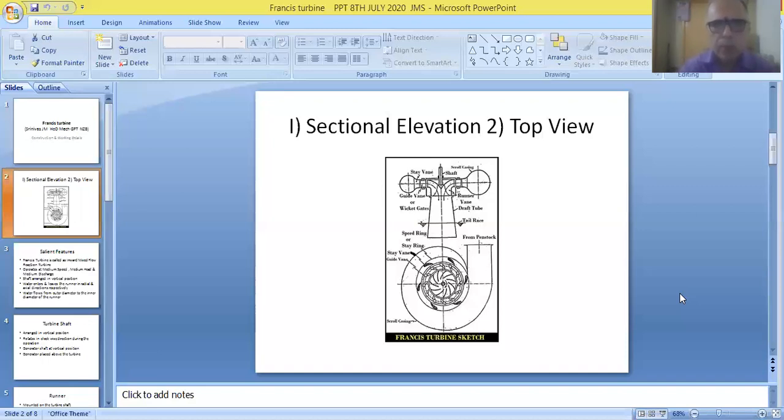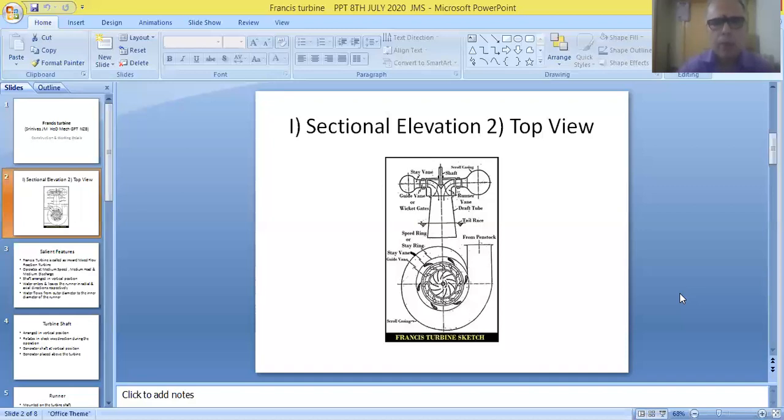So that means it is used for medium heads and medium discharges.